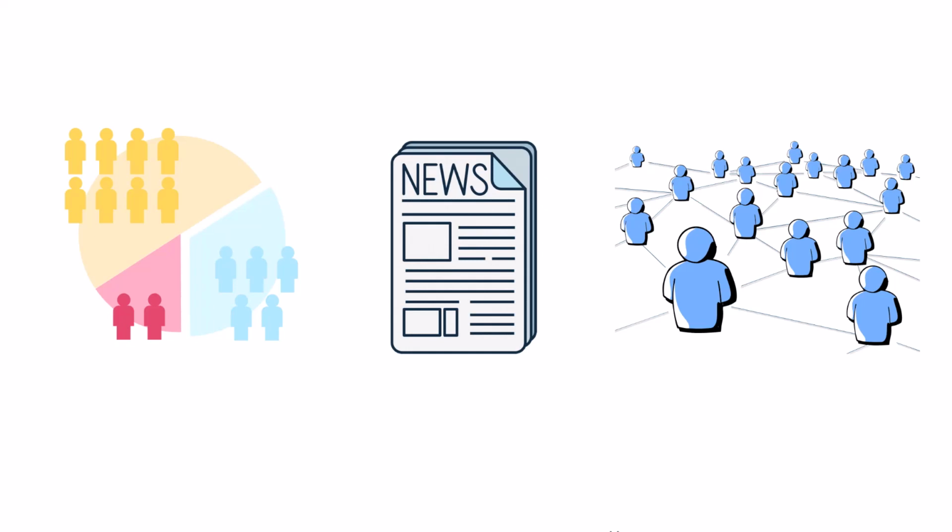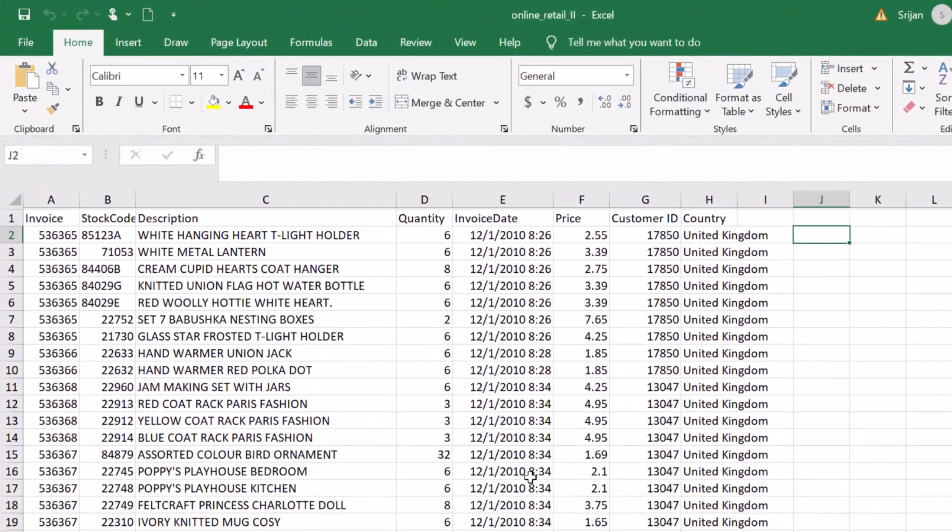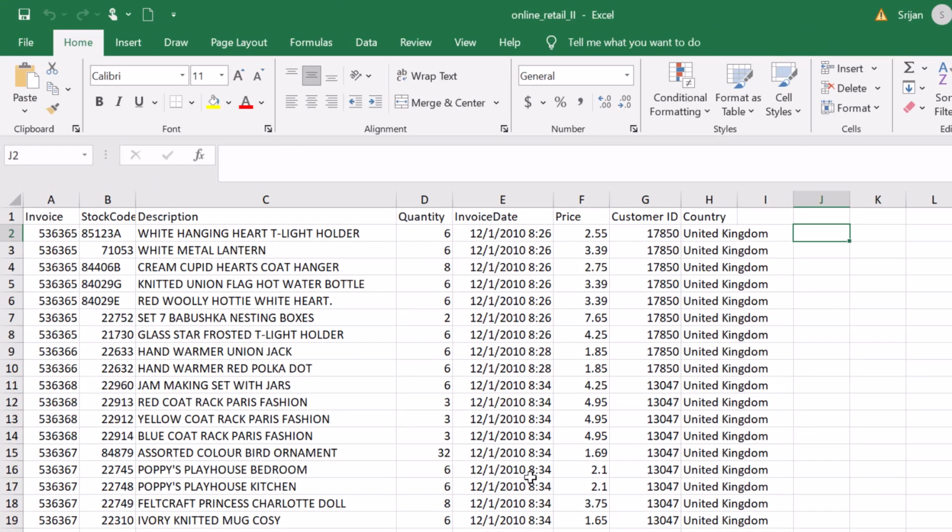Let's also have a look at the kind of data. So let's say this is an example of another data set from some superstore in the United Kingdom, and this data is available, but we do not have any label to tag a customer into a particular high earning or recent customer or most engaged customer, something like that.